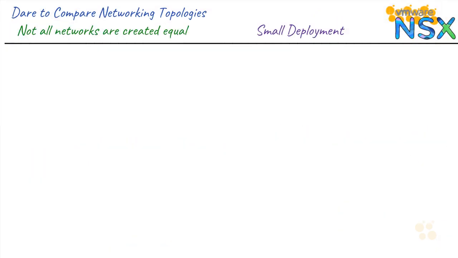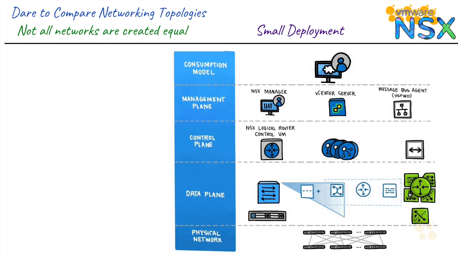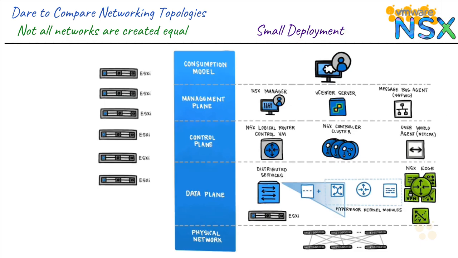Let's start with something small and relatively simple in terms of a basic deployment that isn't trying to handle too much all at one time. A small-scale NSX design can really just start with a few ESXi hosts in a single cluster.